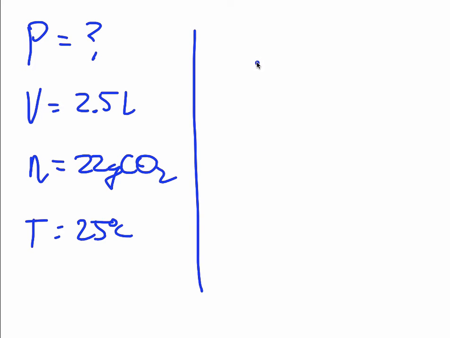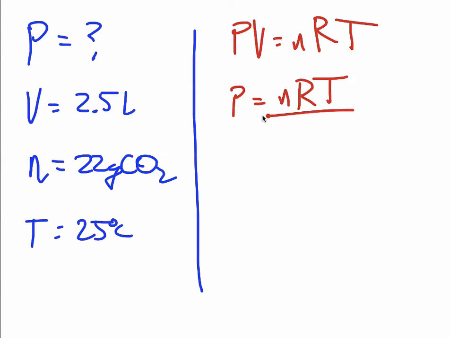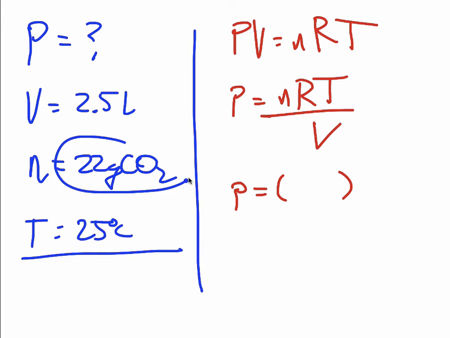So let's go through and plug this in. We know that PV equals nRT, so P equals nRT divided by V. The first thing we have to do is actually a conversion here. We have to convert that to moles.